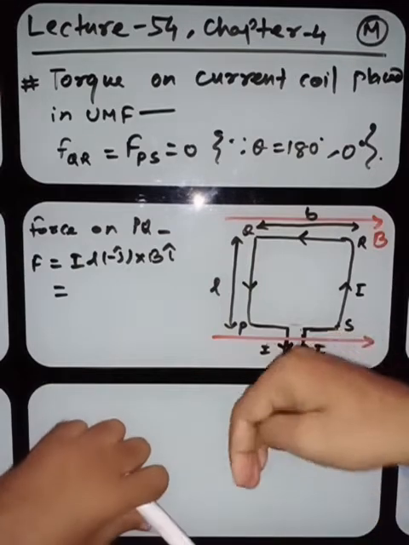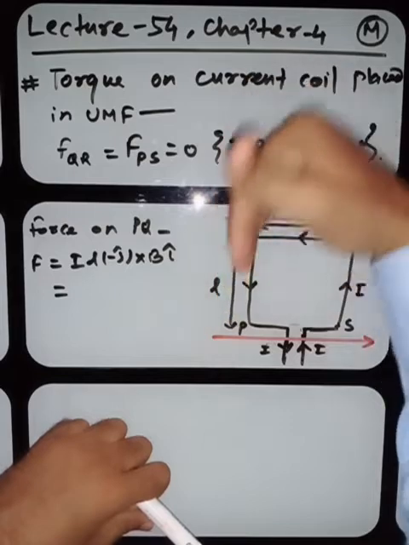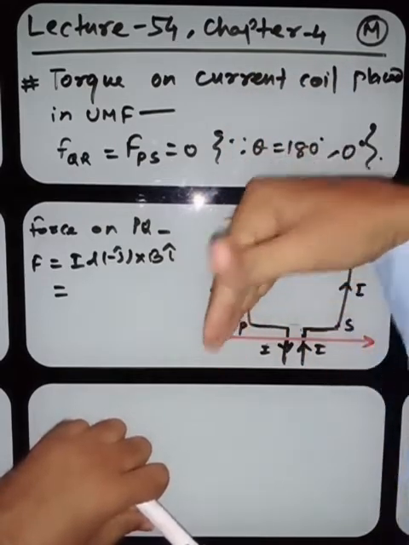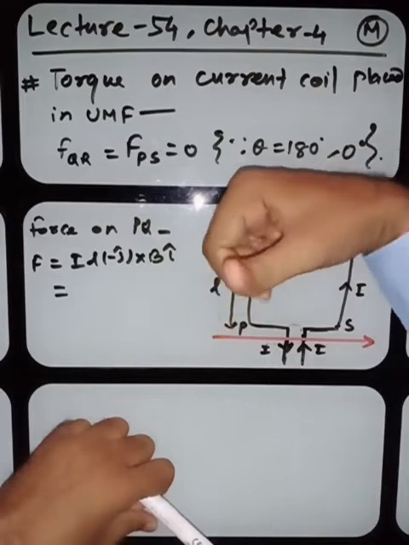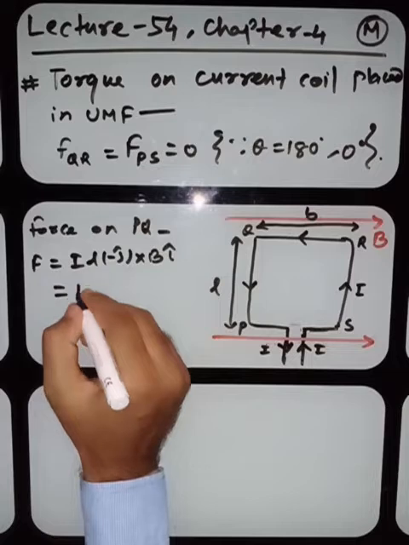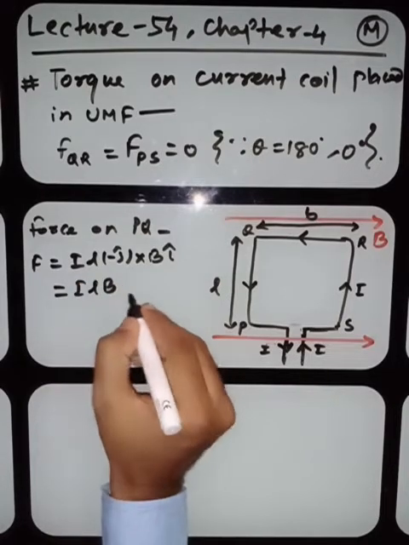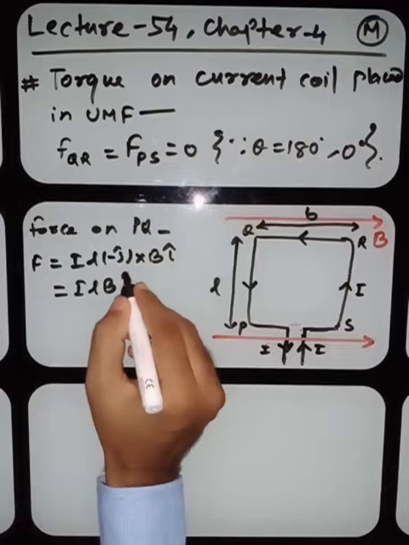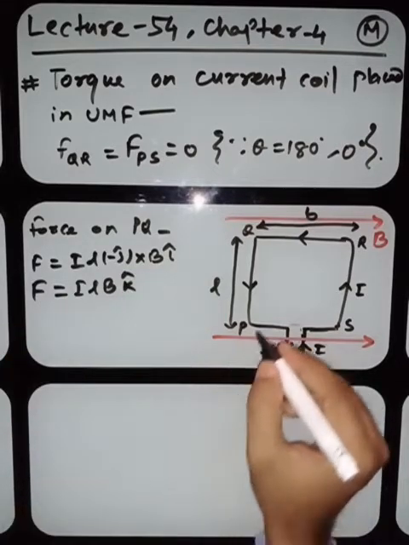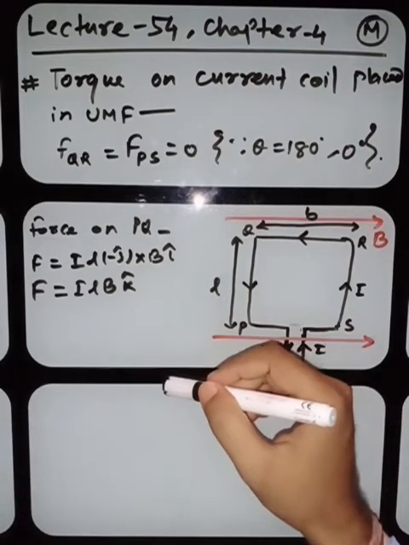Here this is the direction of minus j, that is L, and the magnetic field in this direction, so you have to put the finger in this way, cross one. It will go up, that is I L B k cap. This is the force. All right, my dear student, so you can represent the force in this way.